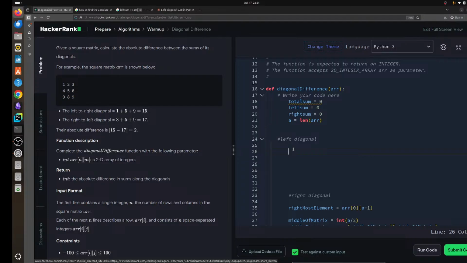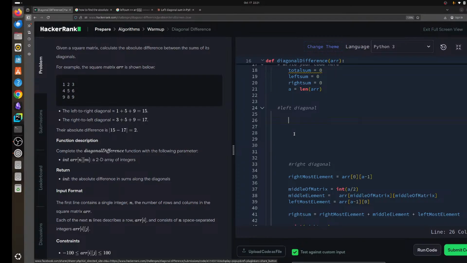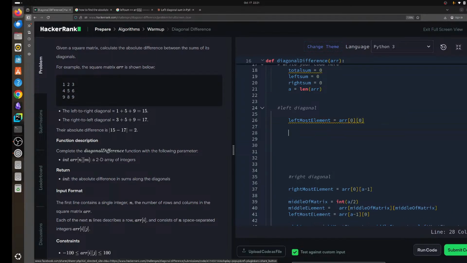So, yeah, what we can do here: leftmost element equals to ARR of 0, 0, middle element. I'm sorry, I'm just picking it out.